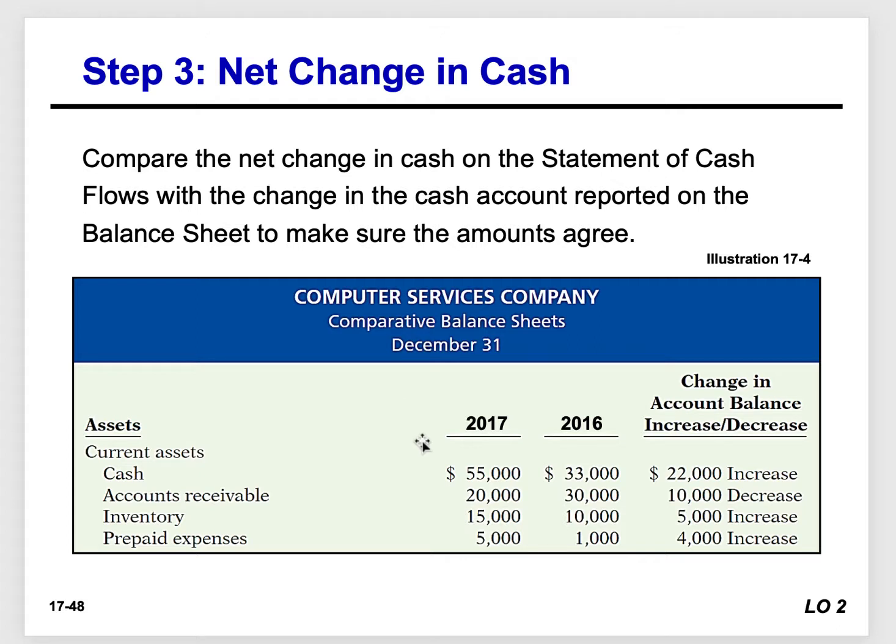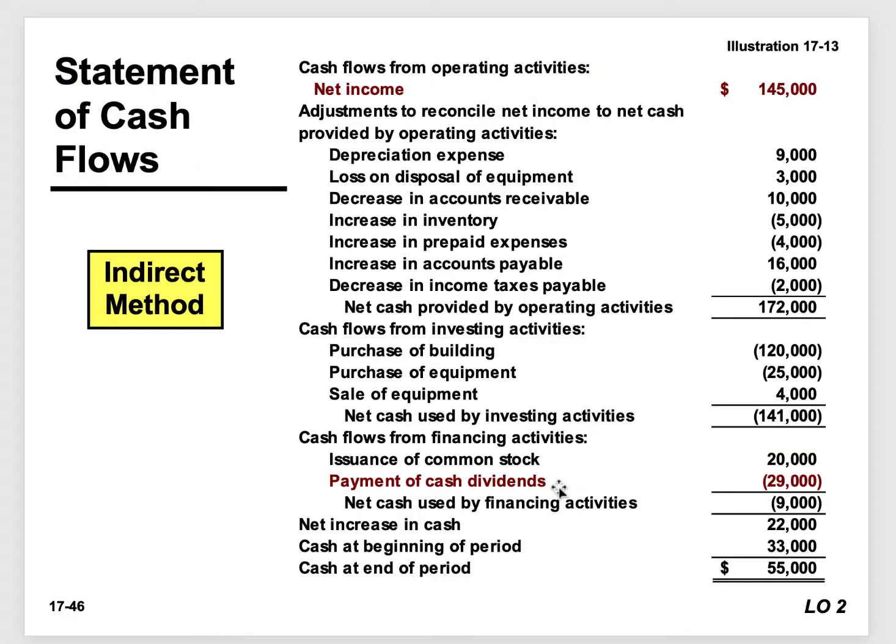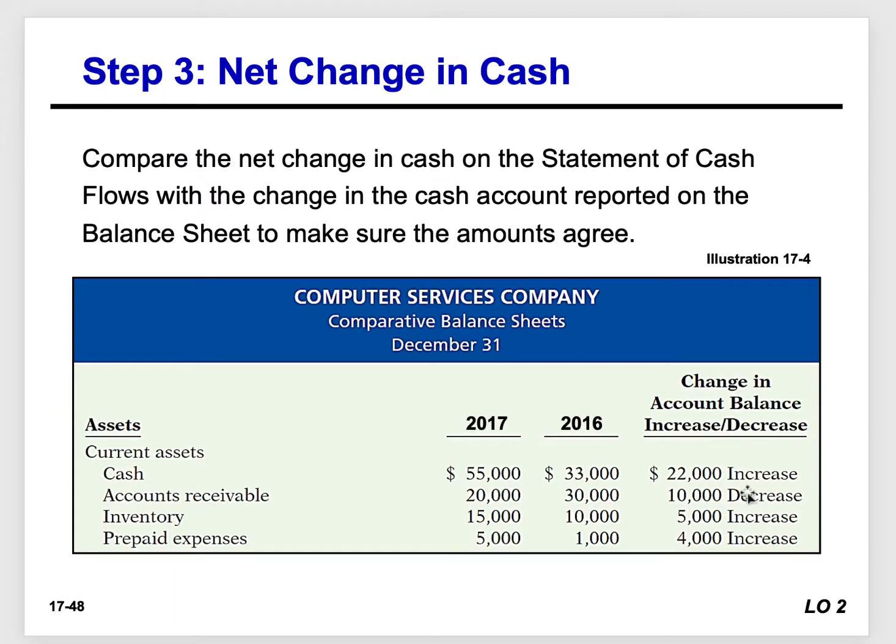Look at the ending balance of cash, $55,000. It increased by $22,000. If we go back and look at our income statement, what is the net increase in cash? $22,000. That's the change that we had right here.